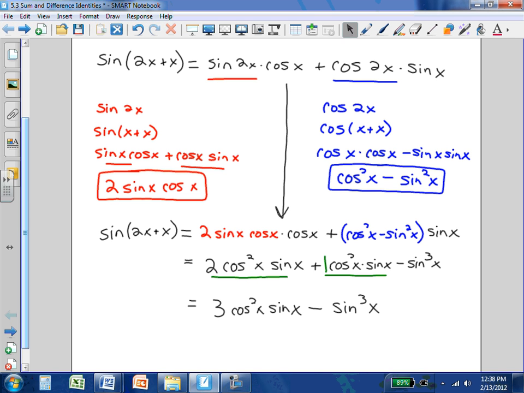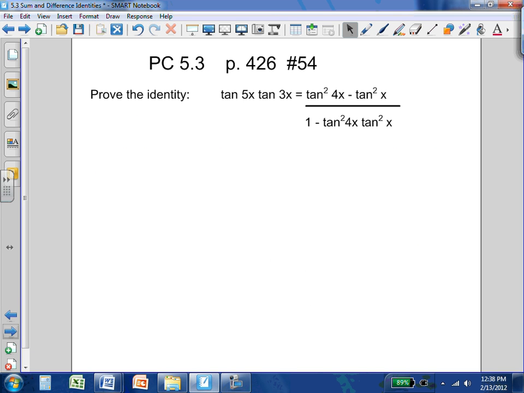And we also have a tangent example to look at. Here's the tangent example. Now the key to this one is looking at what you're taking the tangent of. We have 5x and 3x on the left side. On the right-hand side, we have 4x and 1x. So there's a link there between 5 and 3, 4 and 1.